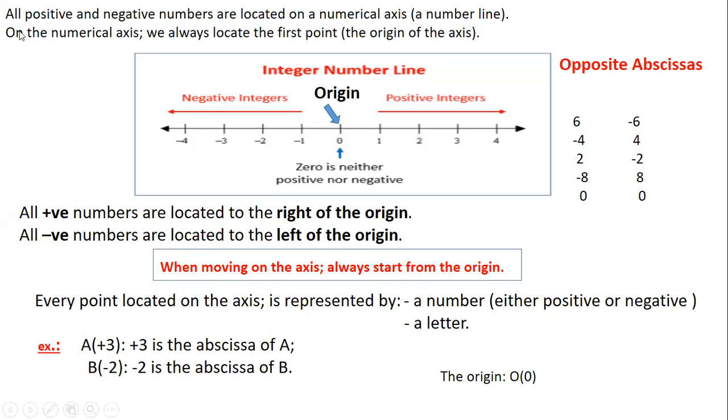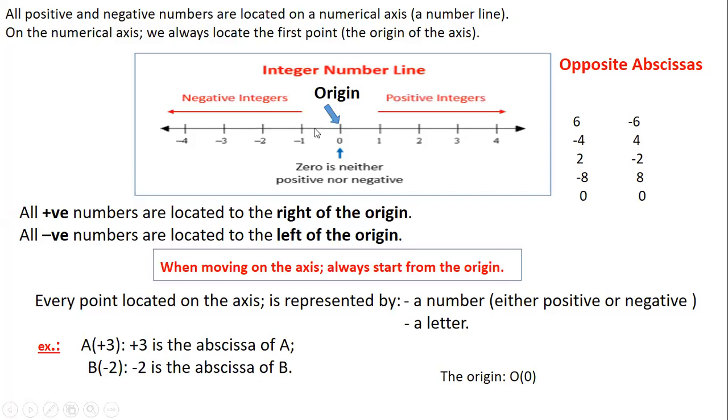Razan, start reading. All positive and negative numbers are located on a numerical axis, a number line. On the numerical axis, we always locate the first point, the origin of the axis. Thank you, Razan. If you look at this line in math, we call this line a number line or a numerical line. On this numerical line, we put all the positive numbers and all the negative numbers.